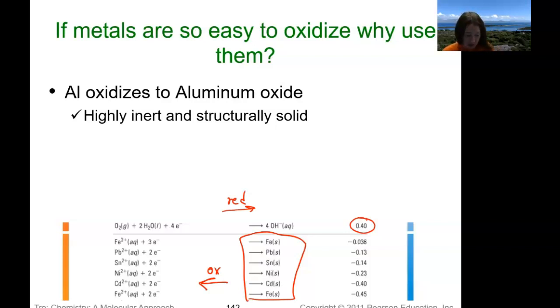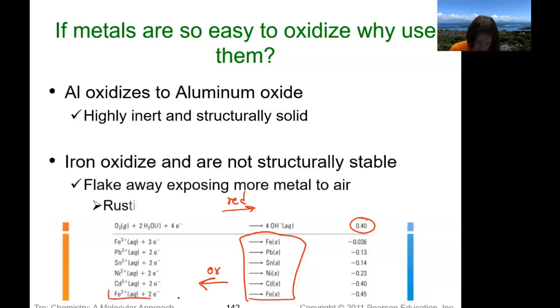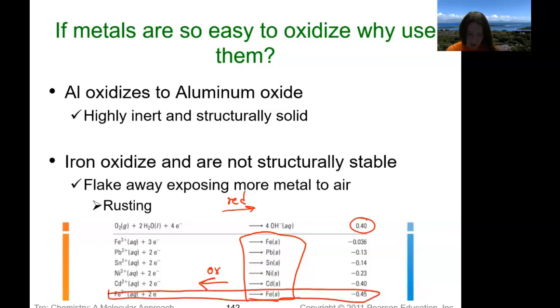And so this is why, for example, we talk about iron, because we use iron a lot. Our iron will go backwards and be oxidized, right? If we look at the potentials here, when this flips, plus 0.4 volts, and this would flip plus 0.45 volts, that's a spontaneous reaction, right?